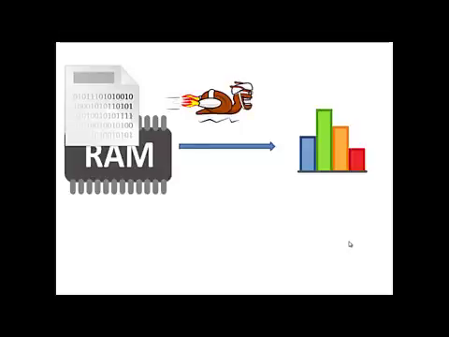You have basically eliminated the cause of the delay. Now this type of storing data in main memory is called IMDB, which is not really Internet Movie Database. It stands for in-memory database.